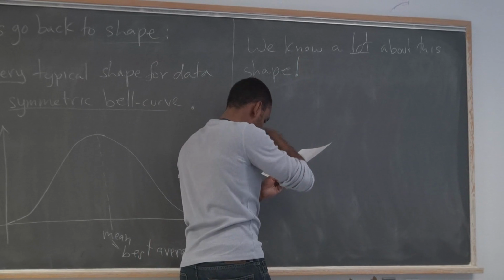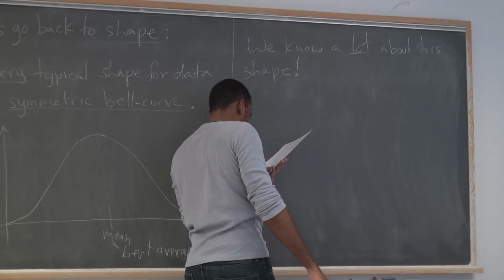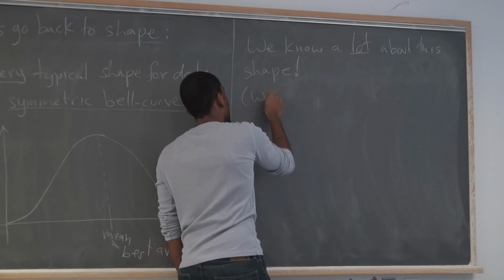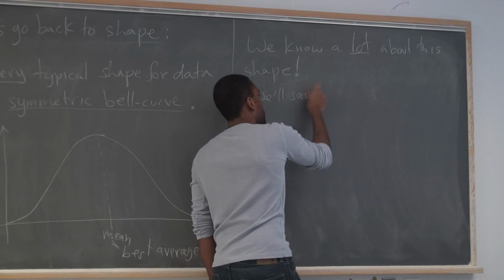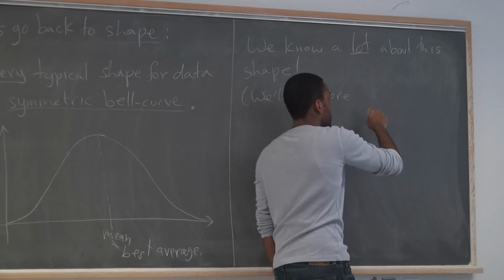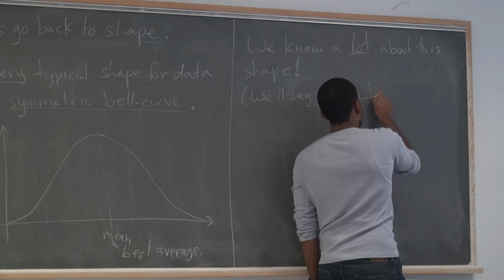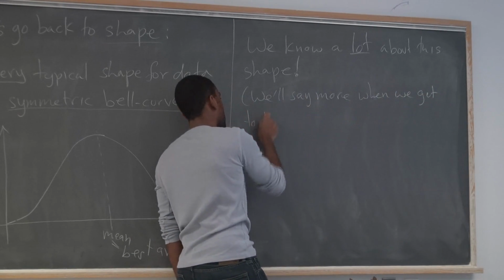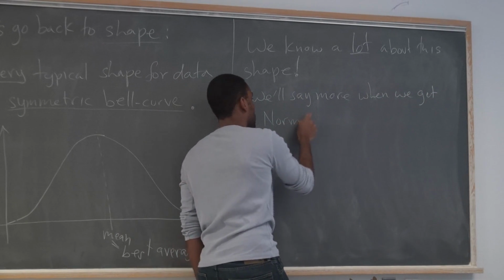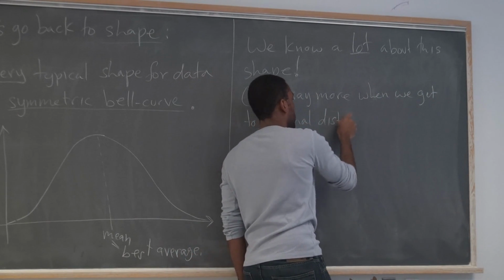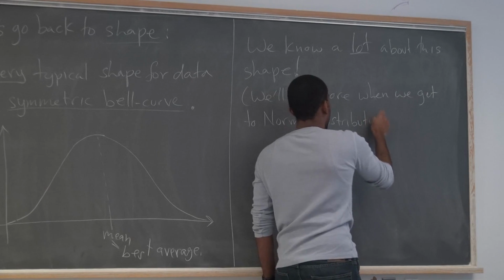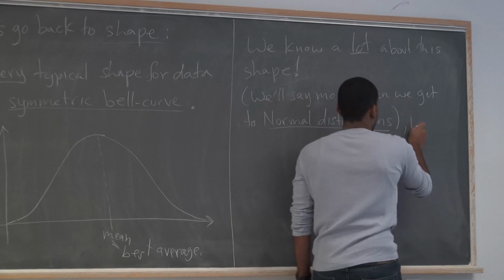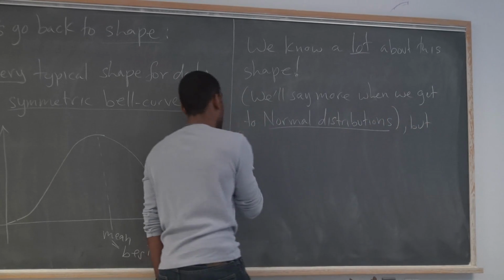We know a lot about this shape. And I'm going to tell you some of the things we know. We'll say more when we get to normal distributions, but for now, here's one thing we know.